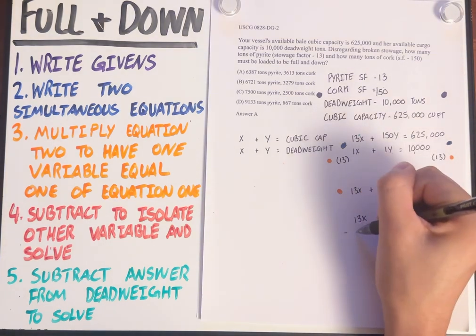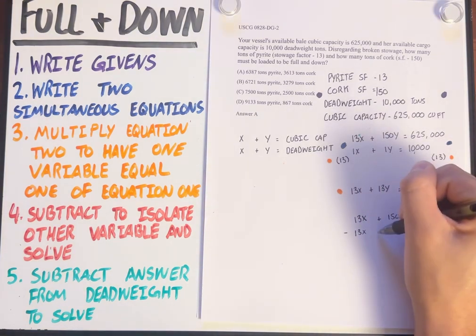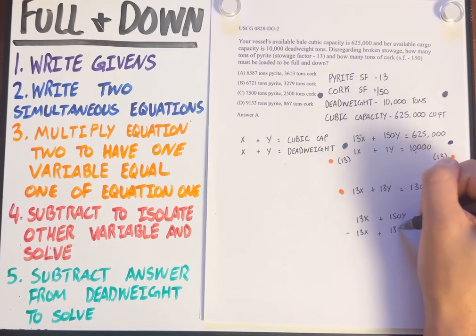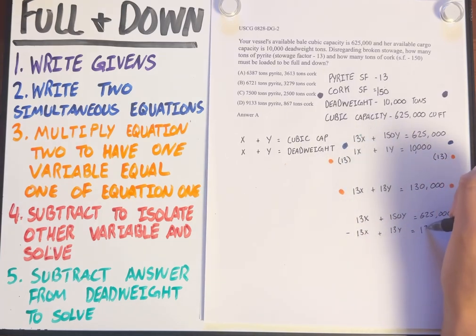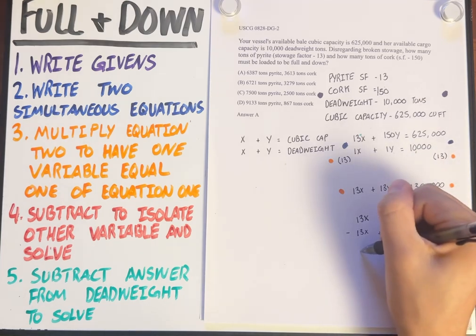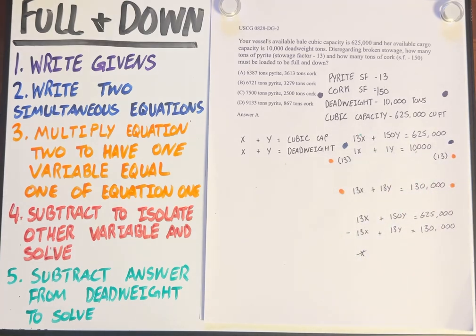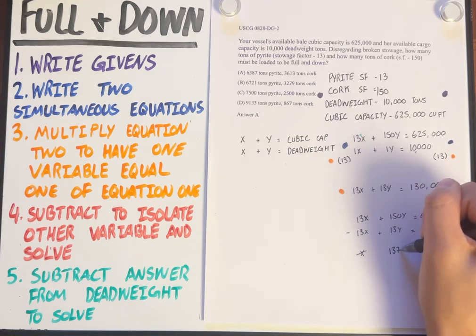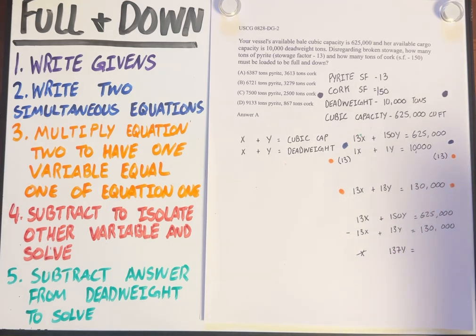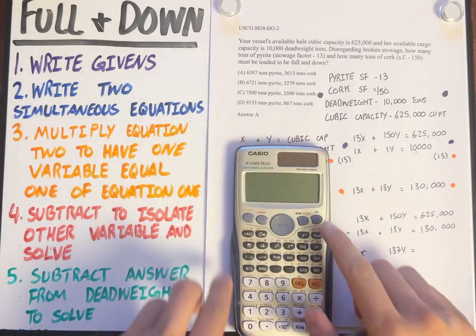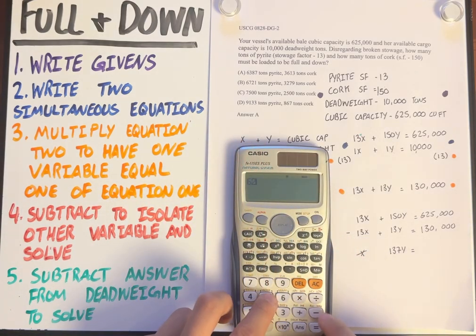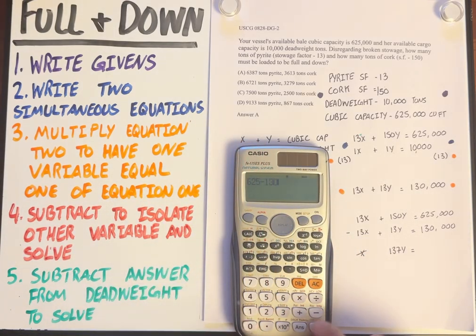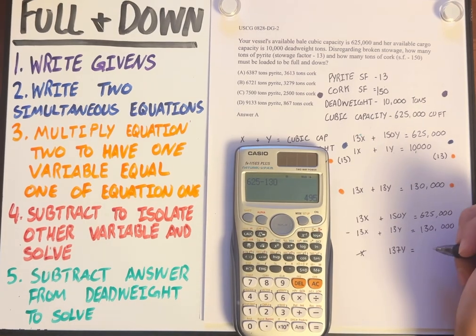And then we're going to subtract equation 2, 13x plus 13y equals 130,000. So when we subtract these, our x is no longer there, and 150 minus 13 is 137. So 137y equals 625 minus 130, which is 495,000.